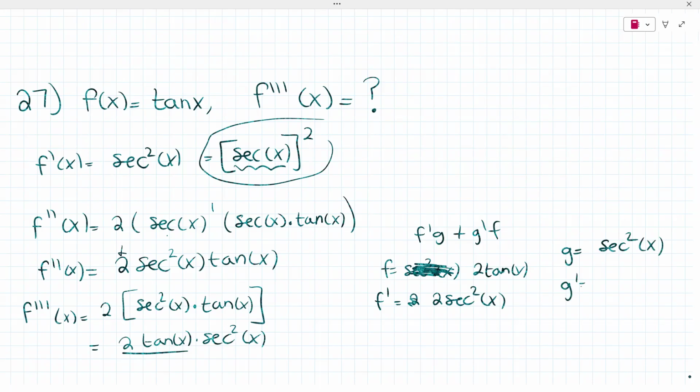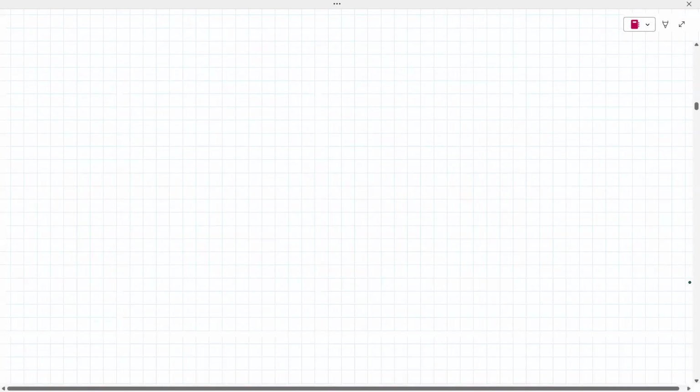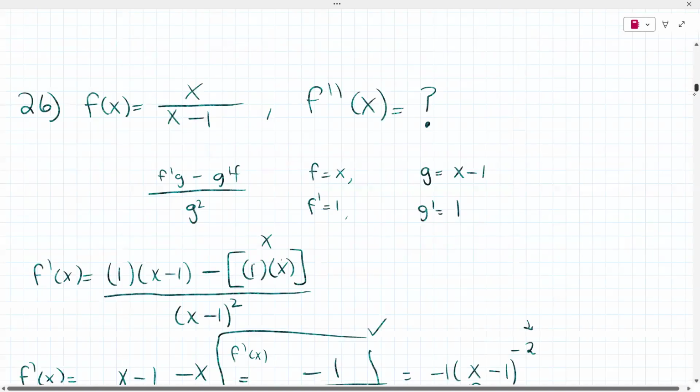My g prime is, what is the derivative of secant square of x? You use the power rule and the chain rule, and when you put it all together, you should get 2 secant of x times secant of x times tan of x.